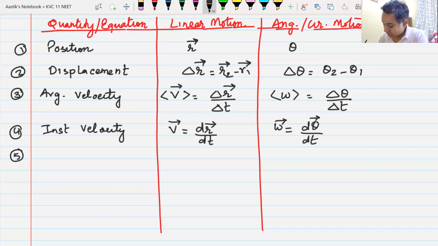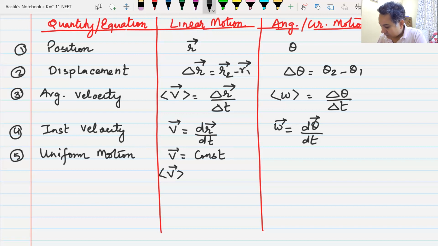Okay. Then we had uniform motion here. Uniform motion. My velocity is constant. My average velocity is equal to instantaneous velocity. My acceleration is equal to 0. Here we have omega constant.